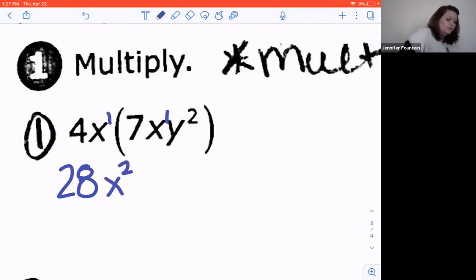So x squared. Now there's nothing that I can combine with y squared, but I still have to keep it. It doesn't just disappear. So it's just going to be 28x squared y squared. As we work through these, if you have any questions, be sure to let me know.